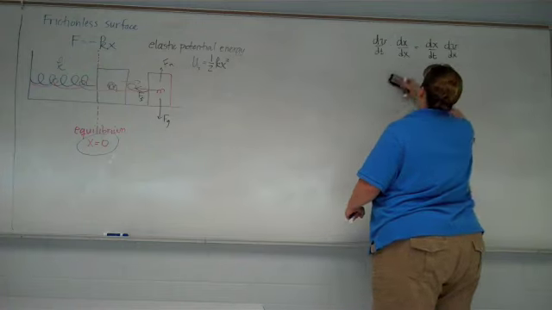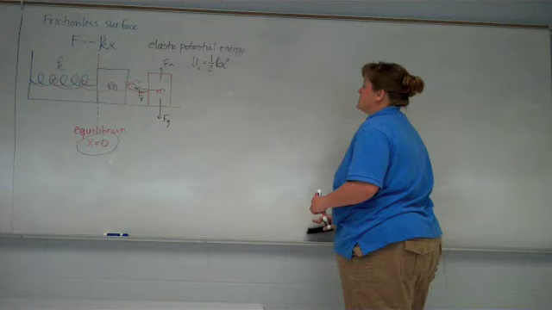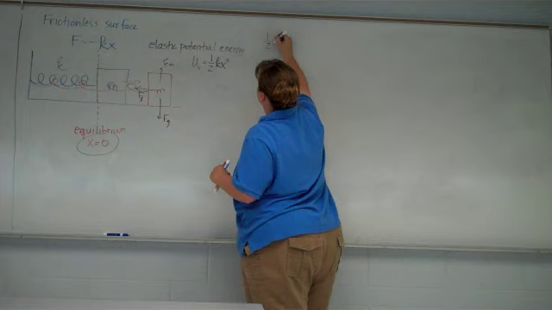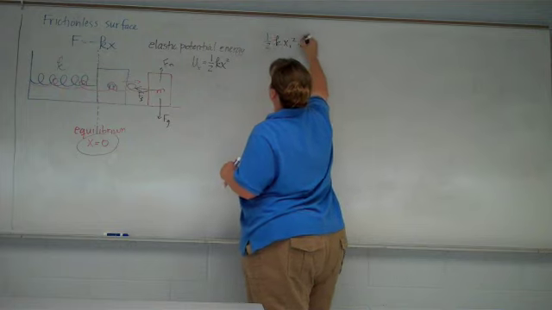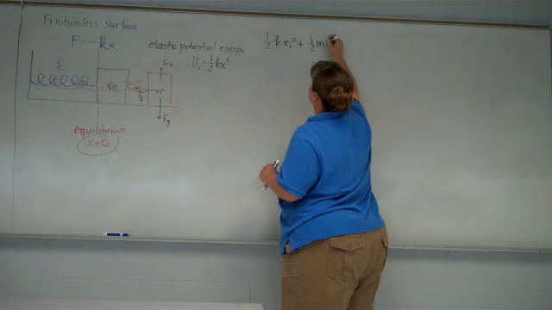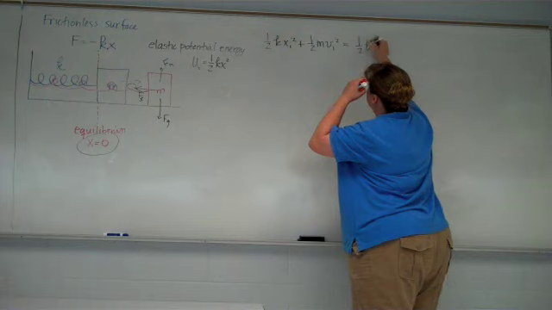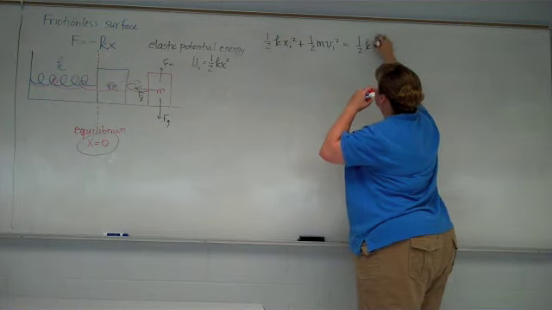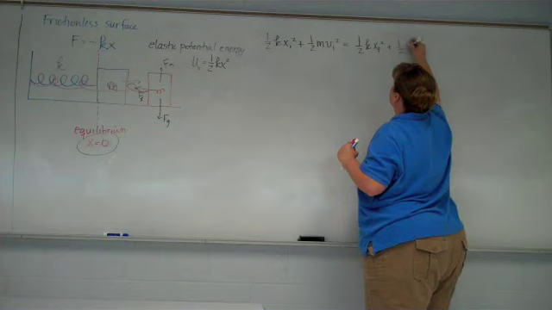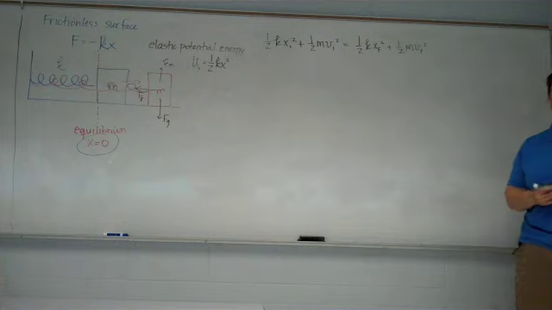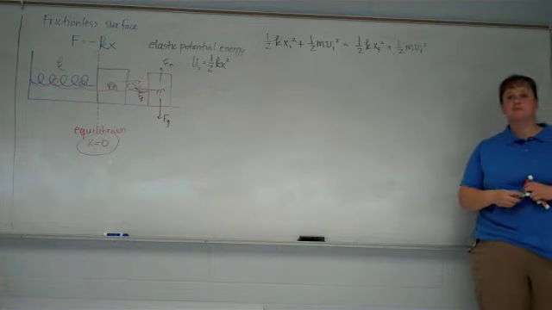If we write it out like we did our other equation, where we put all the initial stuff on one side, and set it equal to all the final stuff, this equation will work nicely looking at a spring.